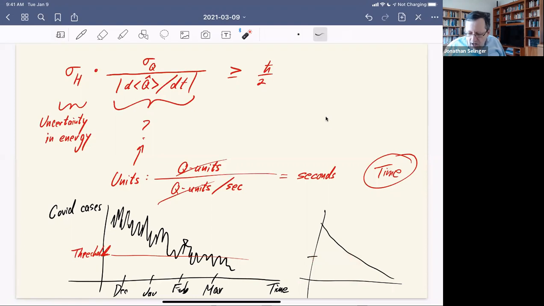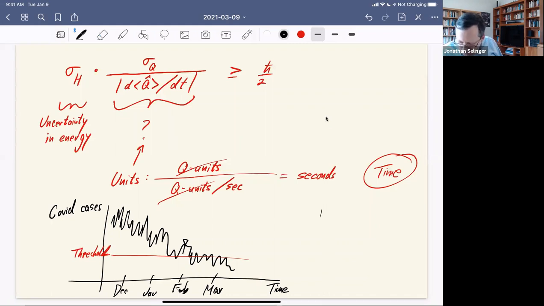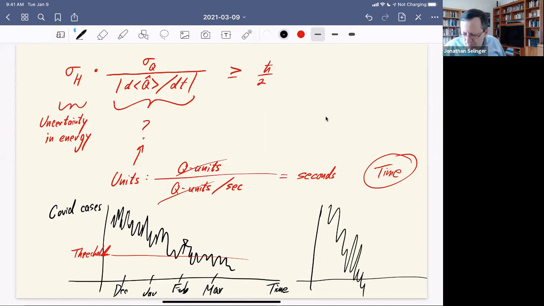Likewise, if there's an uncertainty, but the time derivative is really big, so that would be a plot like this, then it would be a relatively small uncertainty about when it crosses the threshold, because the time derivative is so big.